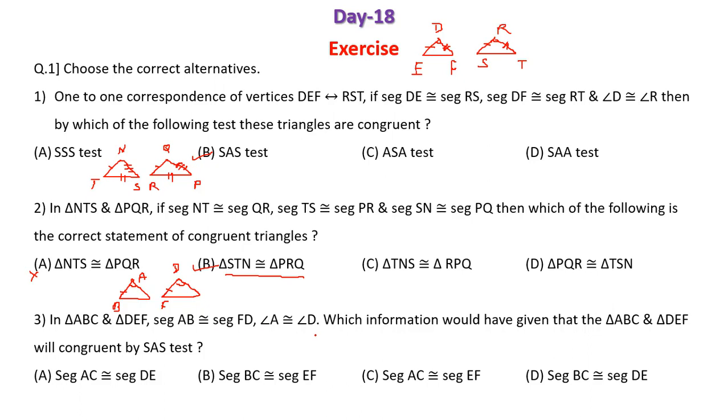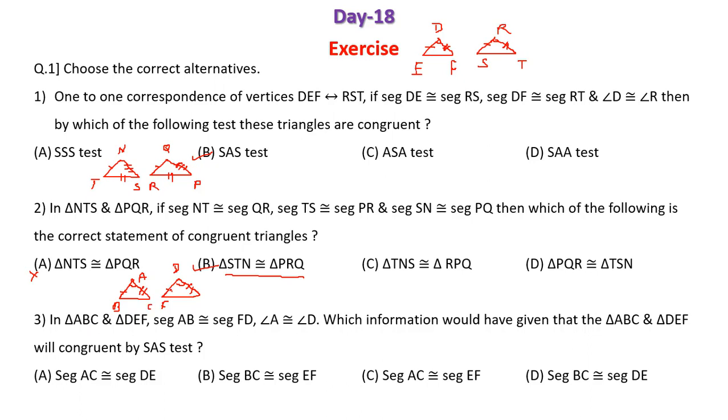Now which information would have given that the triangles are congruent by SAS test? SAS. So we take another side, that is this side. So what is the name of the triangle?